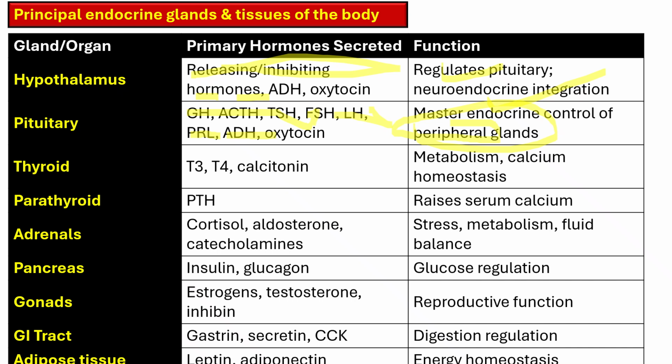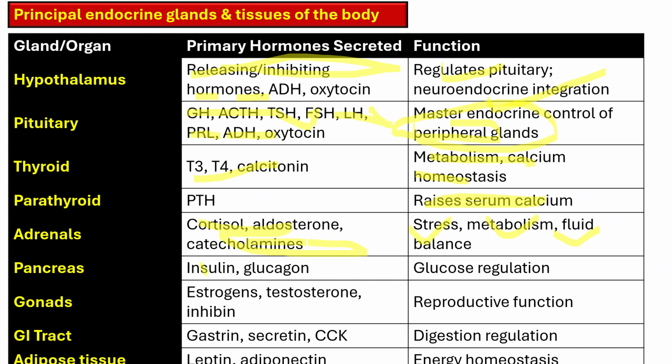The thyroid secretes T3, T4, and calcitonin and is responsible for metabolism and calcium homeostasis. Parathyroid hormone is released by the parathyroid gland and it raises serum calcium. Adrenal glands secrete cortisol, aldosterone, and catecholamines, and they are responsible for regulation during stress, metabolism, and fluid balance.